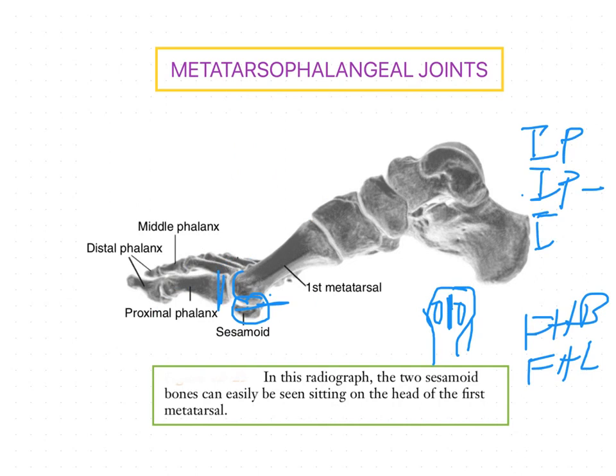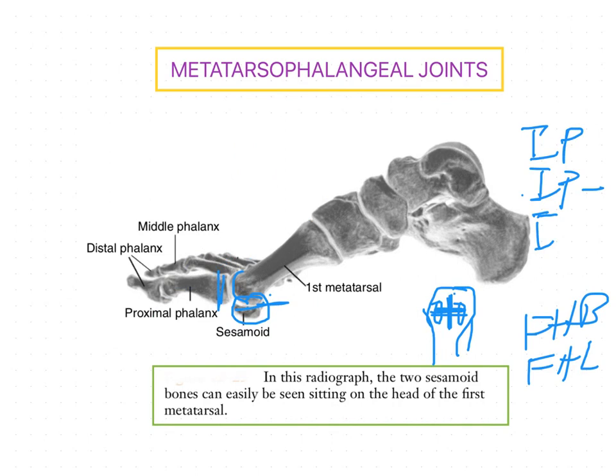The flexor hallucis longus is protected as it passes through a tunnel formed by the sesamoid bones and the intersesamoidal ligament. That means here the sesamoid bones are connected over this intersesamoid groove. So below this ligament you have a tunnel-like space through which the flexor hallucis longus tendon passes.